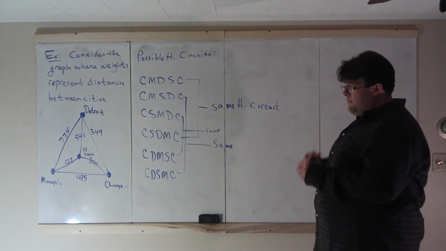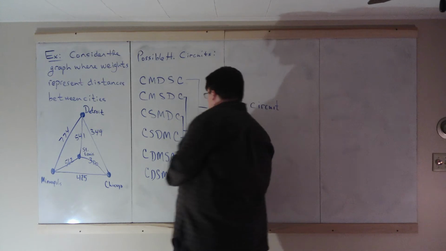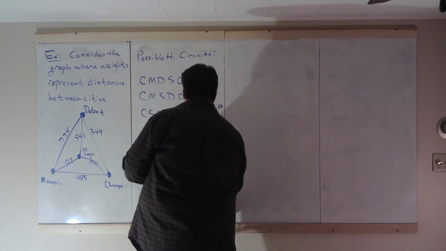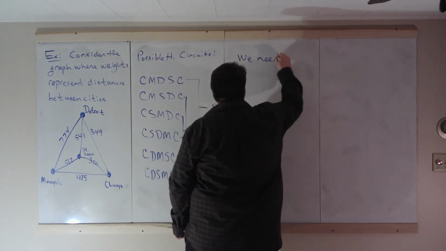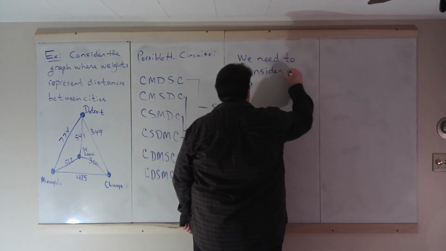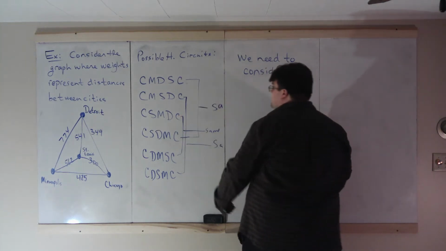So we have 3 pairs of what we're considering the same Hamiltonian circuit. So we need to consider only 3 of them. I'm just going to choose the first 3 since they're listed first.